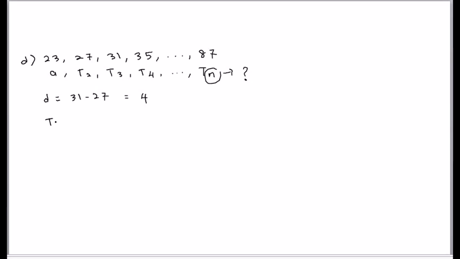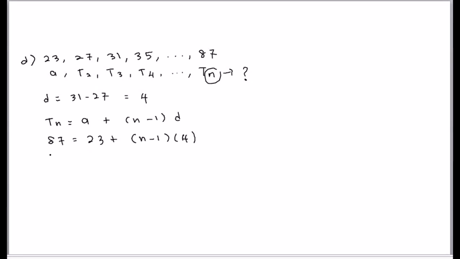Let's use the formula Tn equals A plus (n minus 1)d and substitute all the relevant information. Tn is 87 equals A, the first term, 23, plus n is the value that we want to find, so we can leave it as (n minus 1) and then multiply by d. Our d is 4.